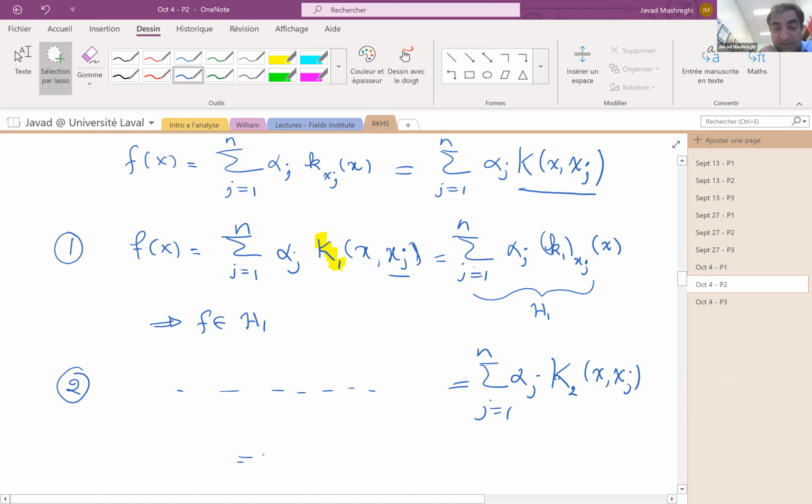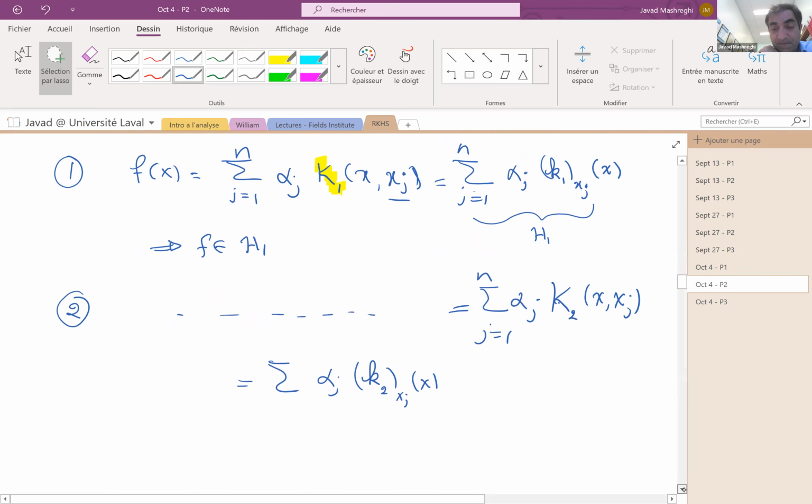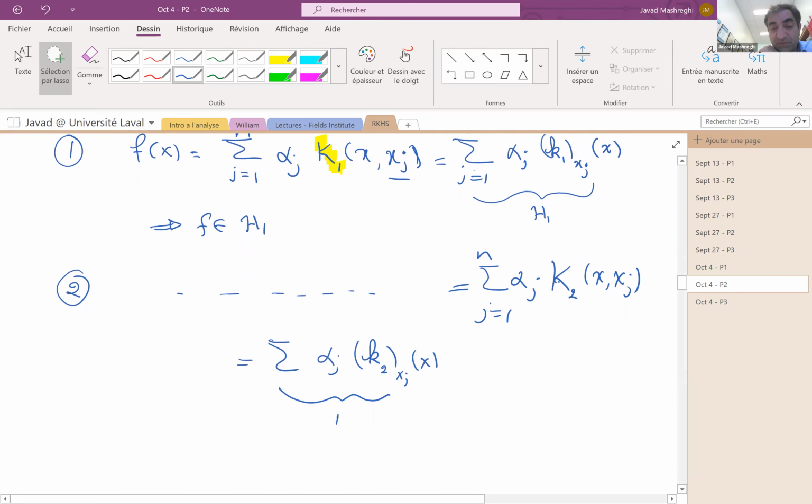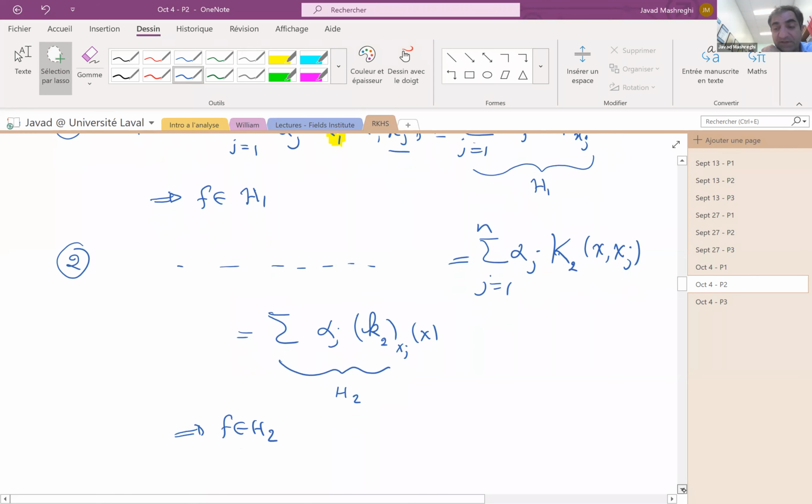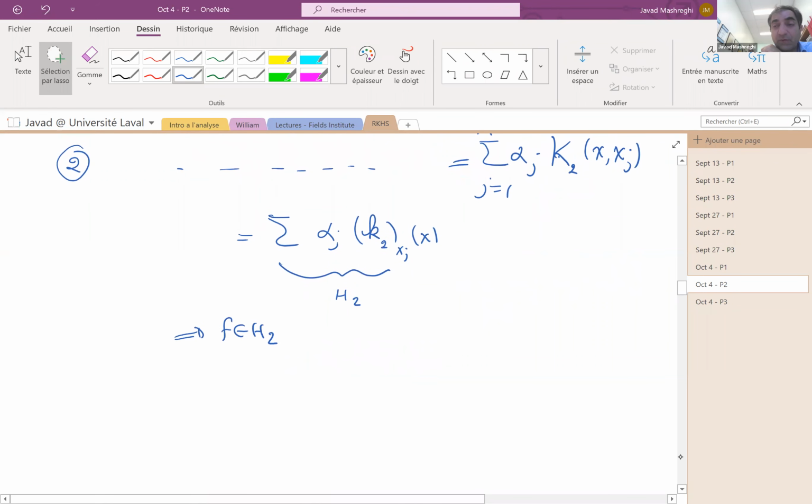And so it's the sum of alpha j, little k2, index xj at point x. And now this is a function in H2, evaluated at point x, which implies that f is also in H2. That's a more detailed version of what I said.